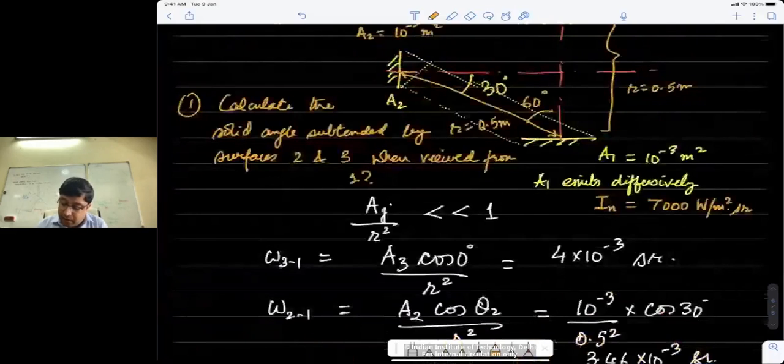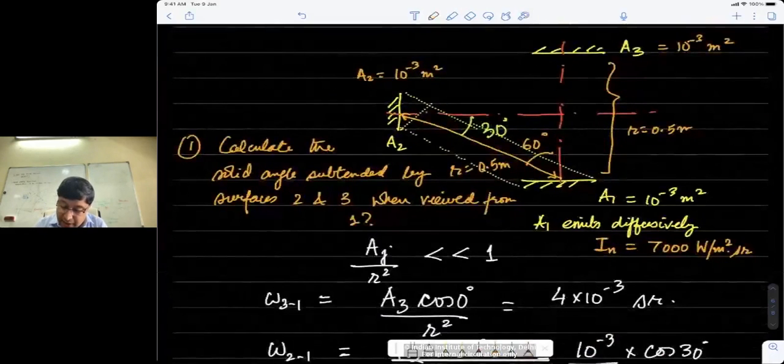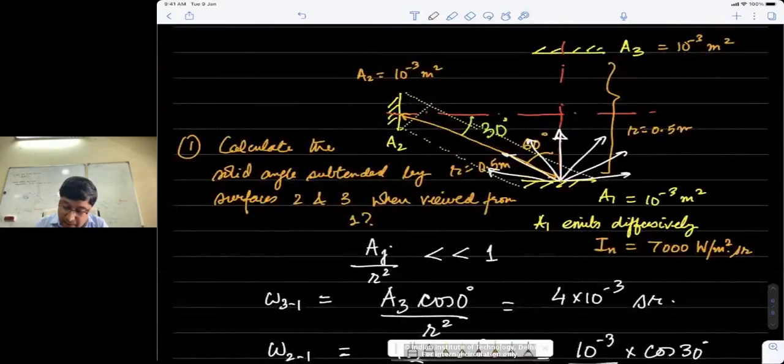So when I say normal, you will see IN, which is the normal radiation. We will typically talk about normal radiation in this form, that it is radiation in this direction from the surface along the normal. But because the surface is emitting diffusively, it is emitting in the same factor everywhere, along each point on that hemisphere.